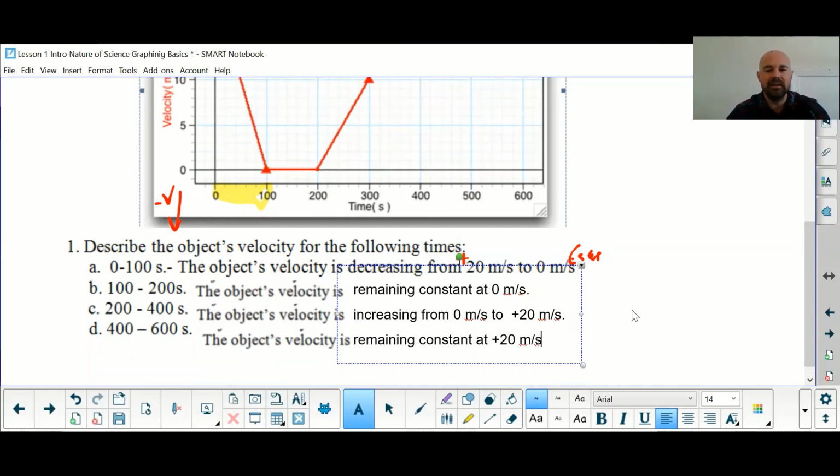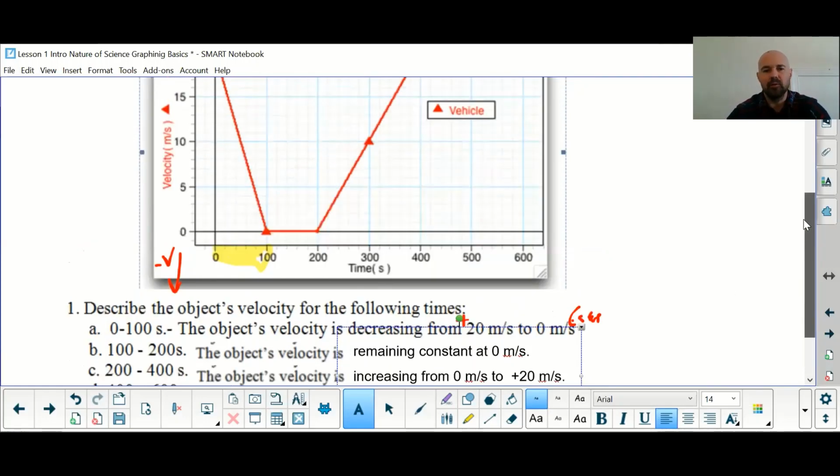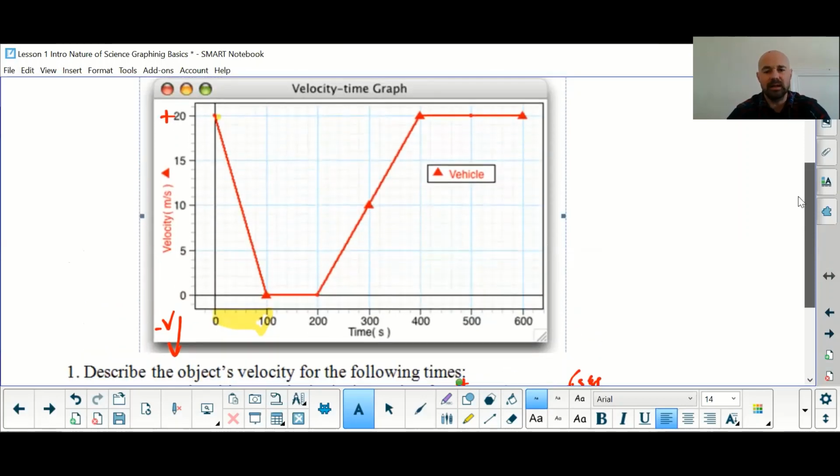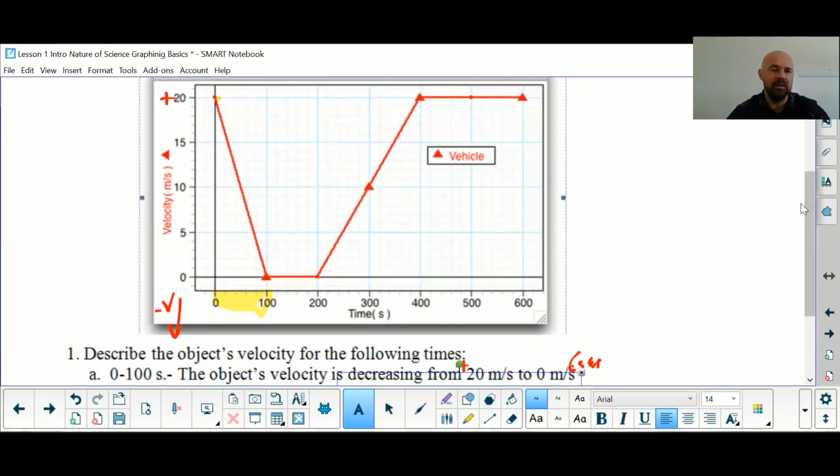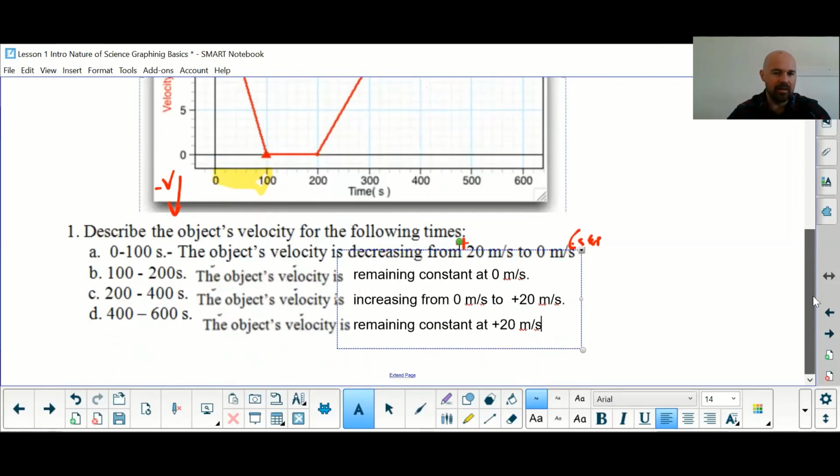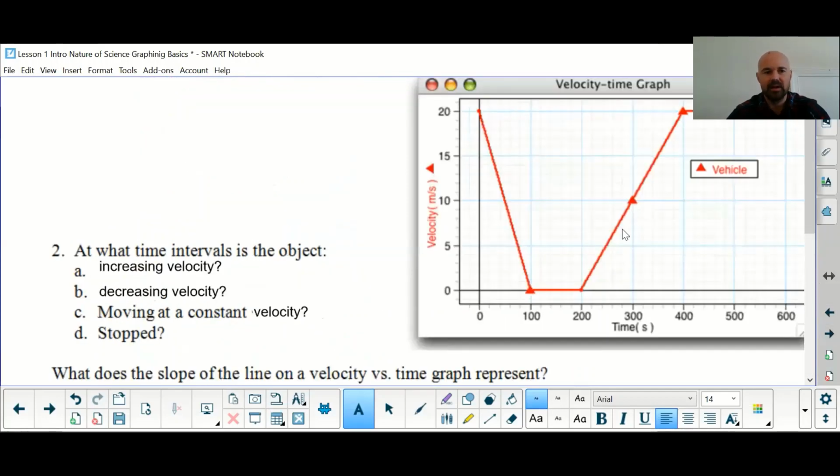So we have 4 different types of motion going on in terms of how the velocity is changing. There are some follow-up questions to this graph, and I have the picture over here. I've changed these to: at what time interval is the object increasing velocity?